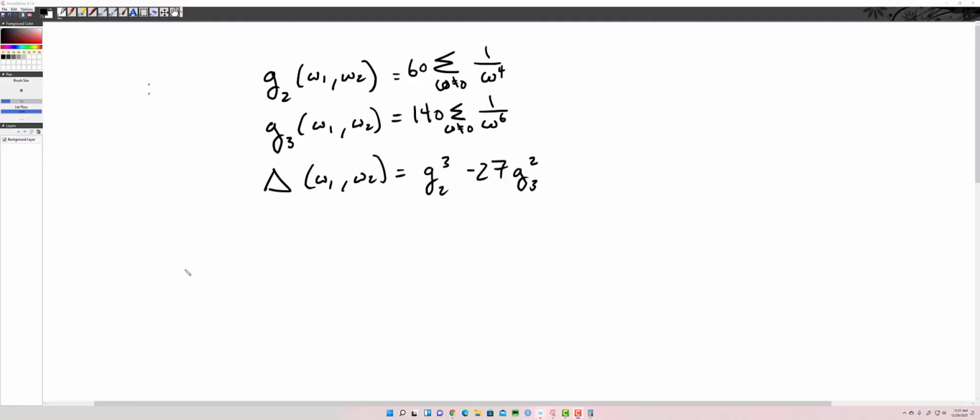Okay, so here's our two invariants, and the discriminant of that differential equation as a cubic. And I want to show you something. This is kind of the idea that leads to these modular functions.